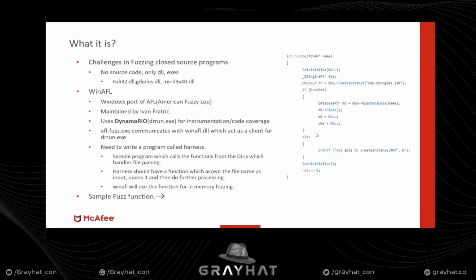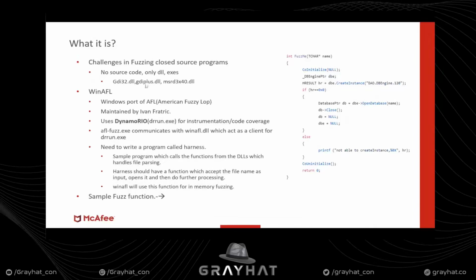In case you want to fuzz any other file format like bitmap or EMF or WMF or any other file, then you need to write a simple C program which contains a very simple function, something like this, and that function is responsible for processing the file. In case you want to fuzz files like gdi32.dll or gdiplus.dll, then you need to make sure that you call export functions from this DLL inside your fuzz function, and then you need to give this file name as the coverage module name to WinAFL.